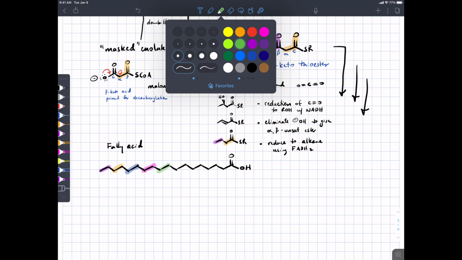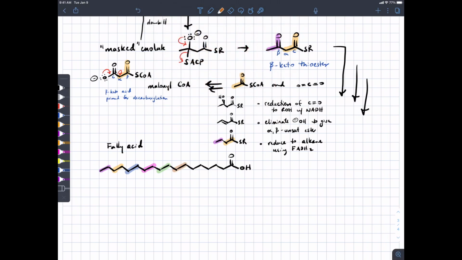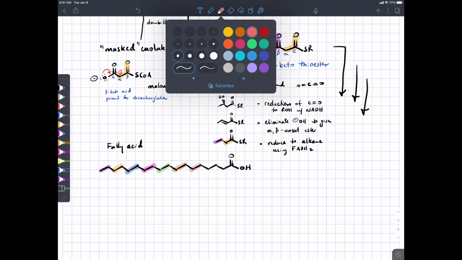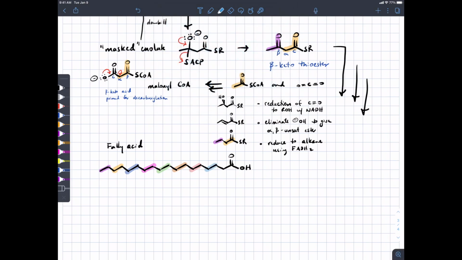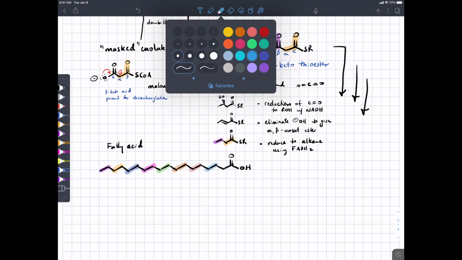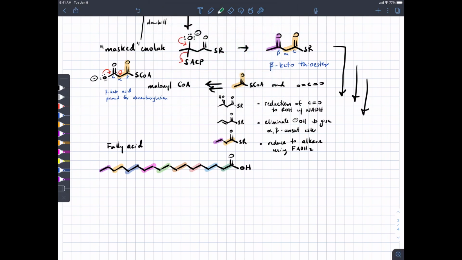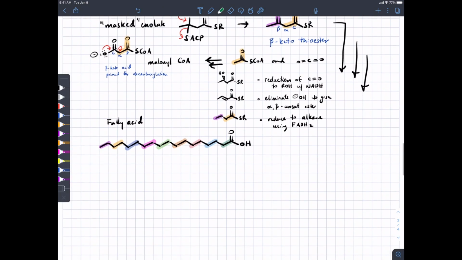I guess we'll sort of run out of colors if we keep going, huh? Each of these would have been delivered by acetyl-CoA. All right. So that's the classic example of the Claisen reaction in biology.